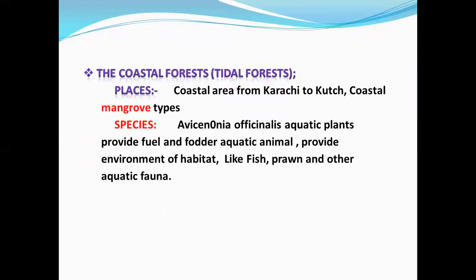Dear students, the next type of forest is the coastal forest or the tidal forest. These forests occur in the coastal wasteland from Karachi to Kutch, covering an area of 0.26 million hectares.